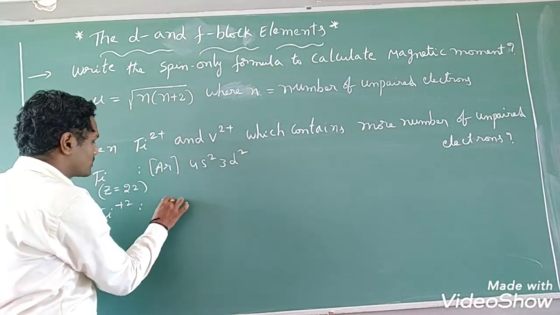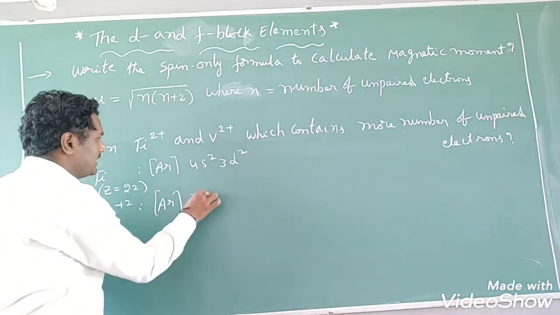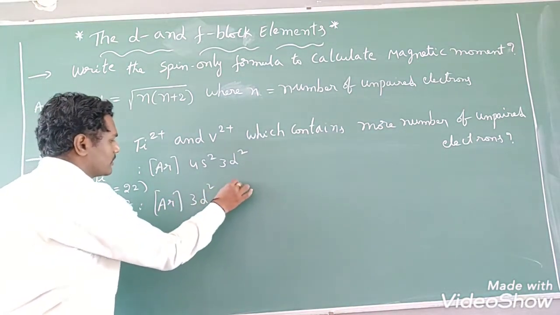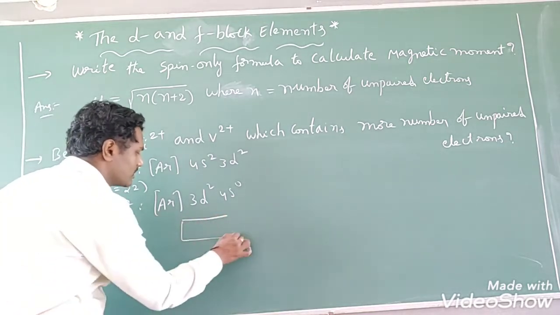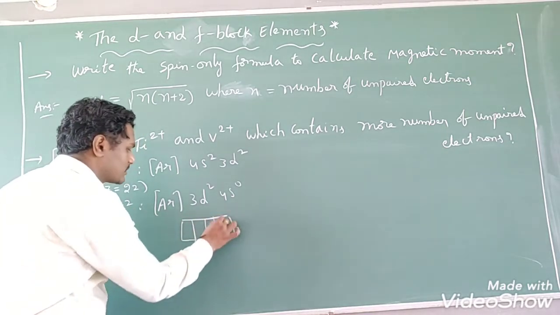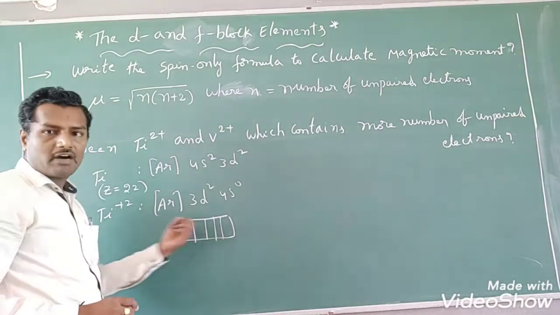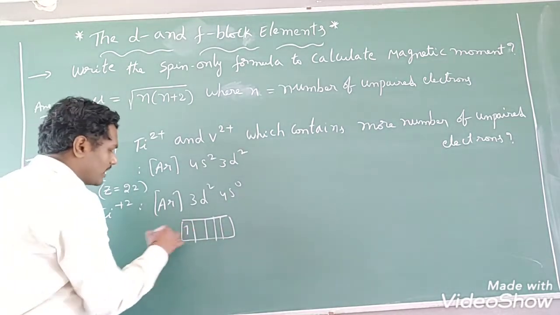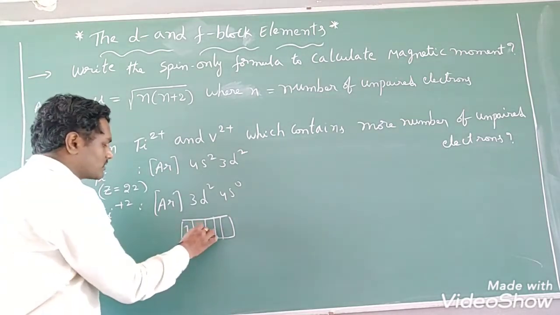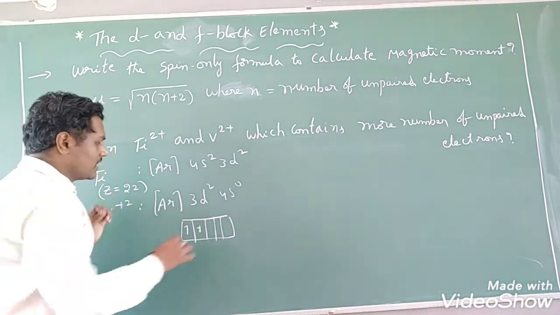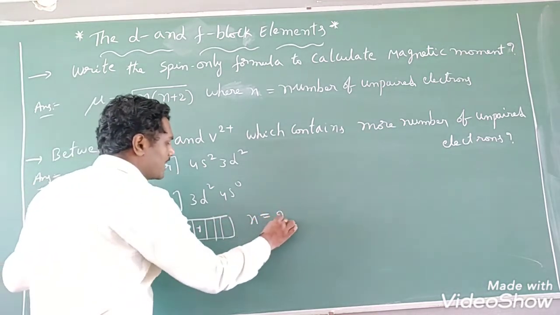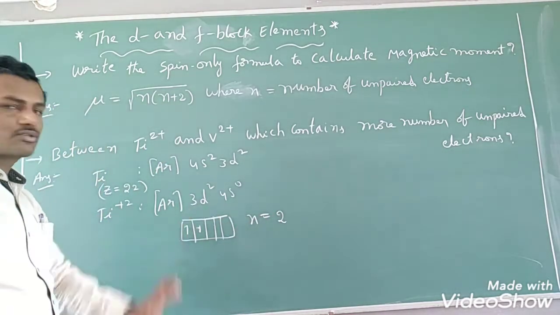So it becomes argon 3d2 4s0. How many unpaired electrons are there? The 3d subshell contains 5 orbitals. In each orbital first we have to enter one electron according to Hund's rule, and only then pairing takes place. So the number of unpaired electrons in titanium plus 2 is 2.